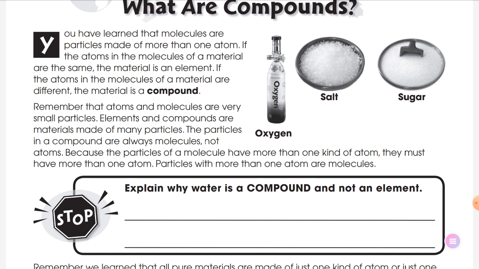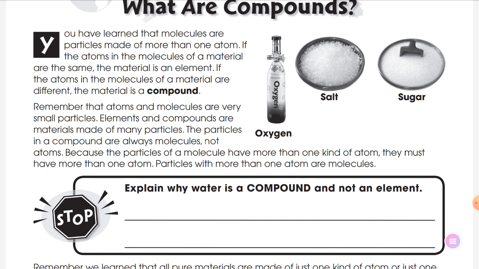Explain why water is a compound and not an element. So Finley, go ahead and tell me what your answer was there. Because of H2, 2 hydrogen, and 1 oxygen. Yeah, because it's made up of two elements, hydrogen and oxygen. Okay? So it's because it's made up of two elements, hydrogen and oxygen.